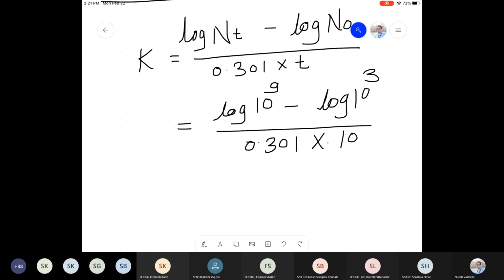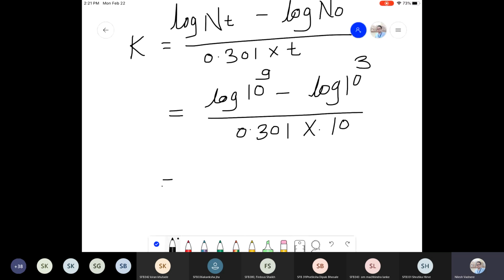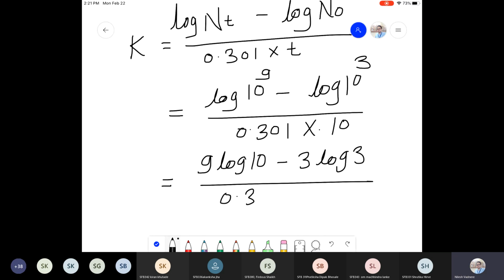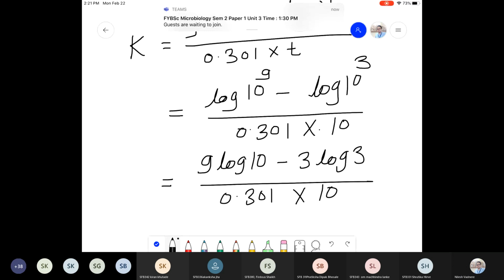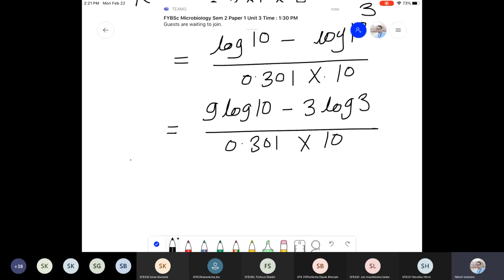Okay, तो log of 10 raised to 9 is 9, क्योंकि वो कैसे लिखा जाता है, 9 into log of 10 minus 3 into log of 10 divided by 0.301 into 10. Okay, now log of 10 का वैल्यू है 1, so 9 into 1 is 9. Sir, 3 log 10 आएगा ना? हाँ हाँ हाँ सर, ठीक है.